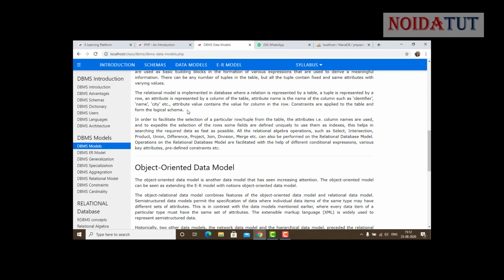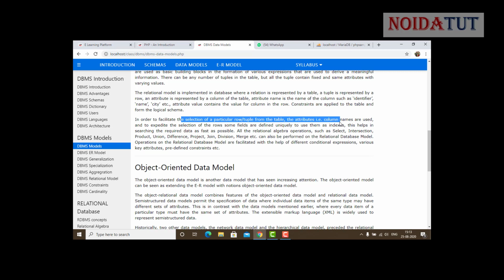Now, in order to facilitate the selection of a particular tuple, that is a row from the table, the attributes, that is column names, are used, and to expedite the selection of the rows, some fields are defined uniquely to use them as indexes. This helps in searching the required table data as fast as possible.